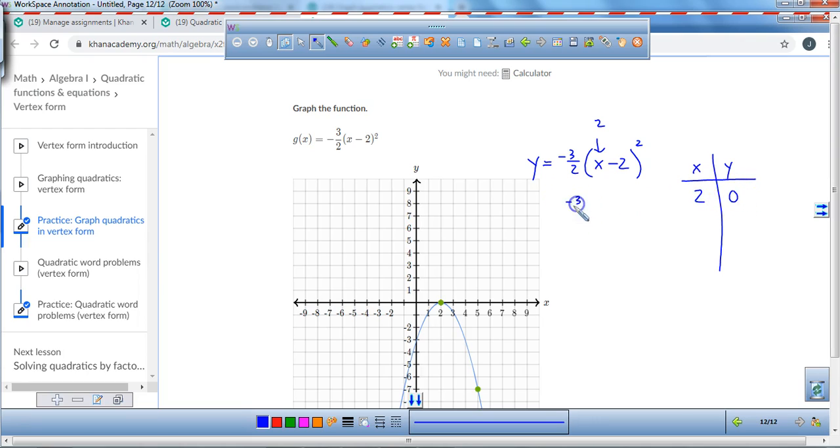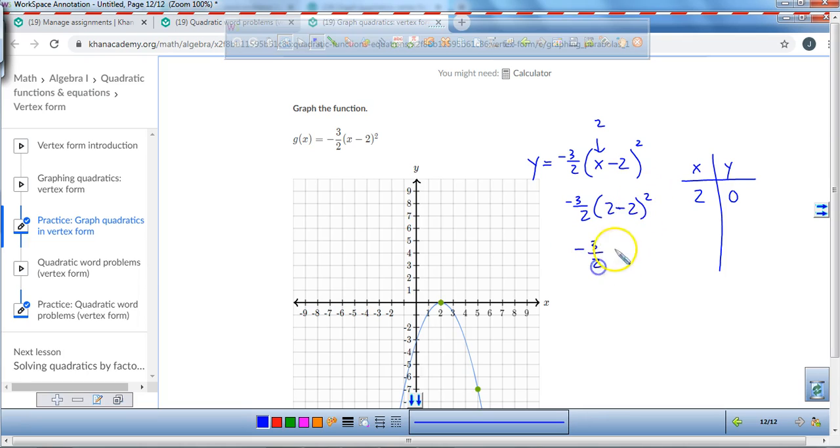Because if I plug in a 2, I get 2 minus 2 squared, negative 3 over 2 times 0 squared is just negative 3 over 2 times 0, which just becomes 0. So we know this right here is our vertex. Now we've got to figure out another point.